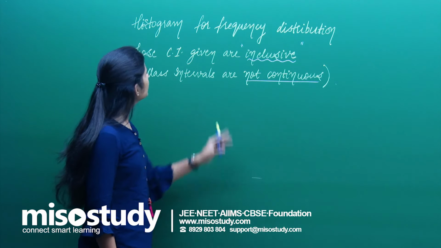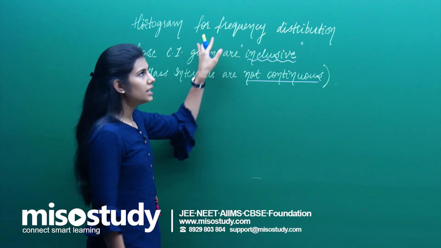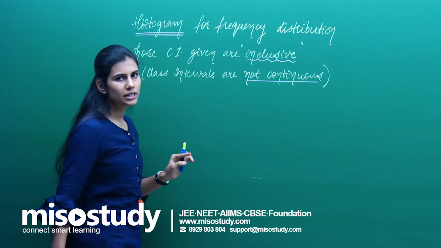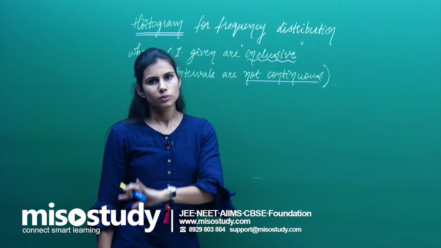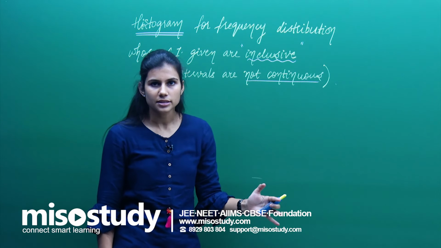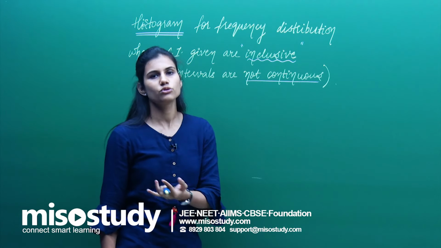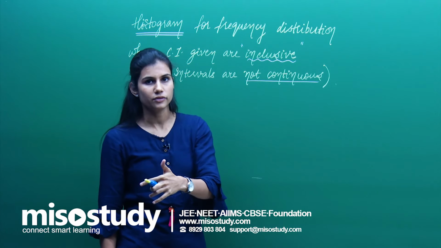How to represent such a frequency distribution graphically? Now try to recall both the cases of construction of histogram that we have done are for continuous cases. One was when the class intervals were of equal size and another was when the class intervals were of unequal size. But the best part was that in both the cases the distribution was continuous. Is it clear? The upper limit of one interval was equal to the lower limit of the other.